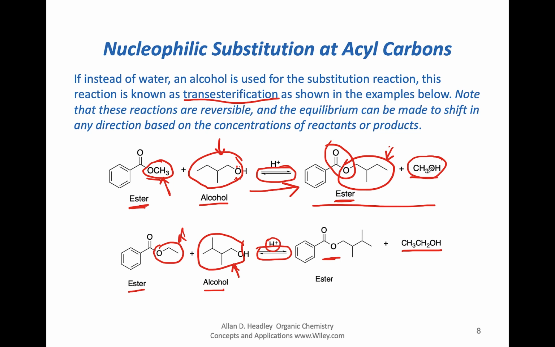So if you can find a way to remove methanol as it's produced, the reaction equilibrium will shift to the right, and this will be the product. You can shift the reaction to the left if you can find a way to extract the reactant so it shifts. So that's Le Chatelier's principle.